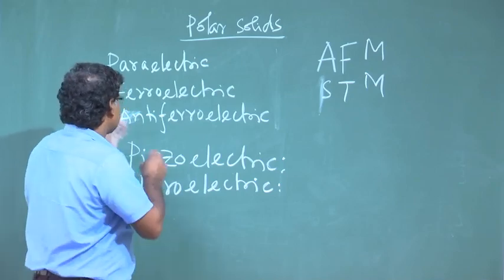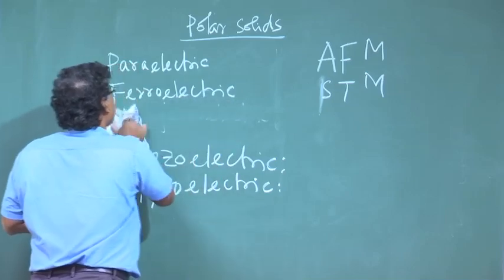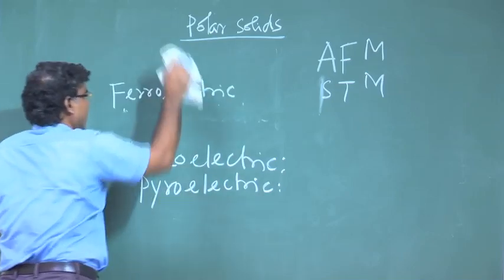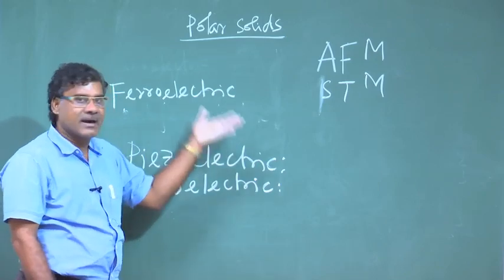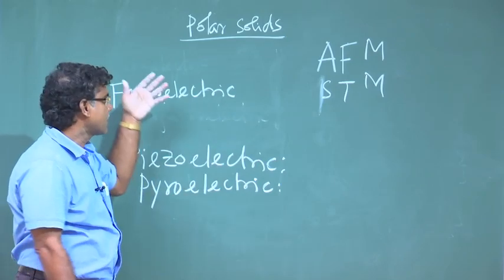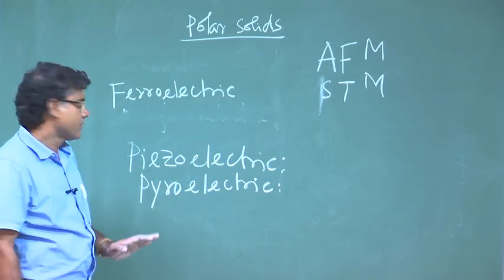So, this ferroelectric, now ferroelectric material is a dielectric material. So, there are different kinds of dielectric. Among polar solids, these are the different types. Okay.